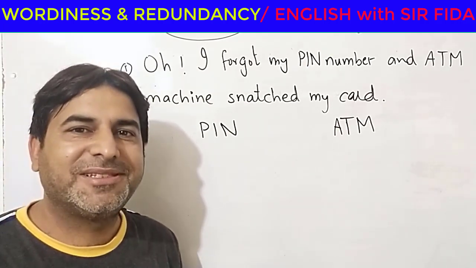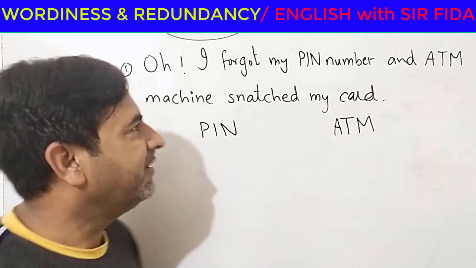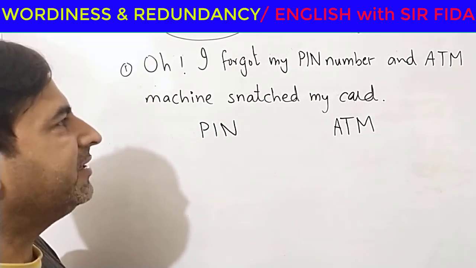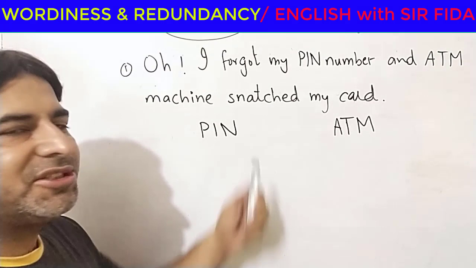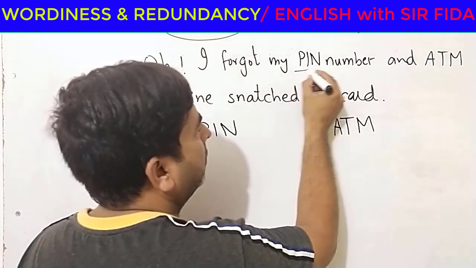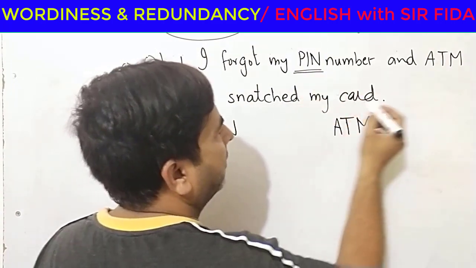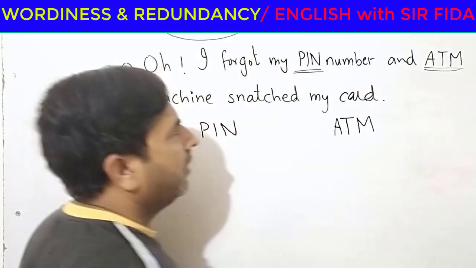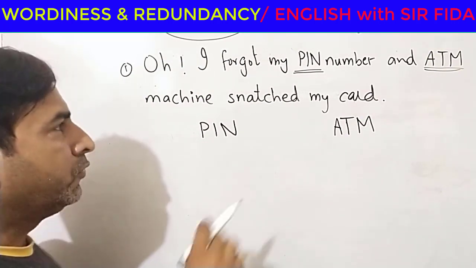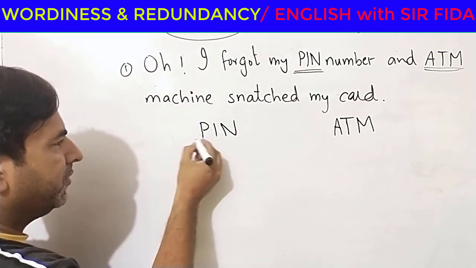Oh, that's the bad news. Look at the sentence again. Oh, I forgot my PIN number and ATM machine snatched my card. So look at these two capitalized acronyms: PIN number and ATM machine. So what is PIN? Let me just explain the first word.